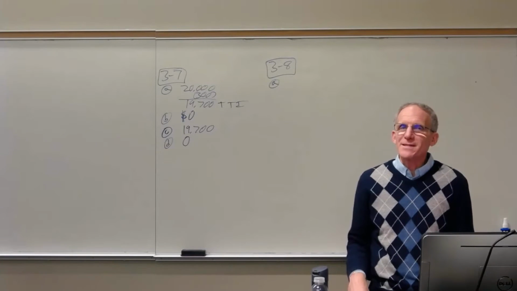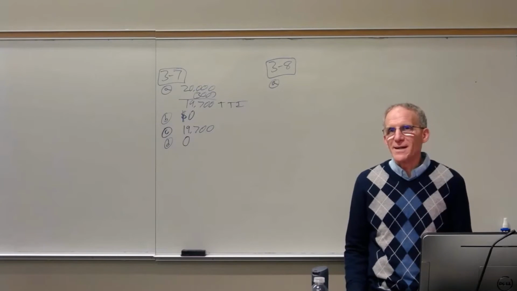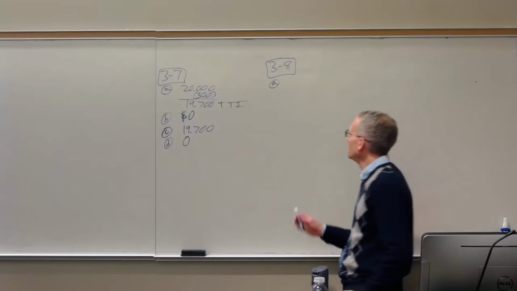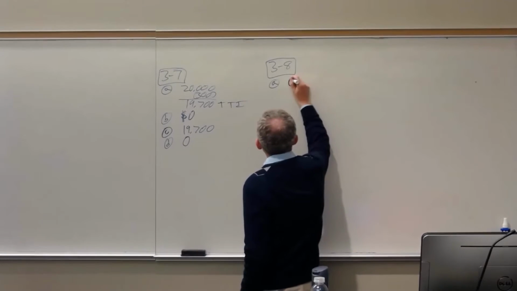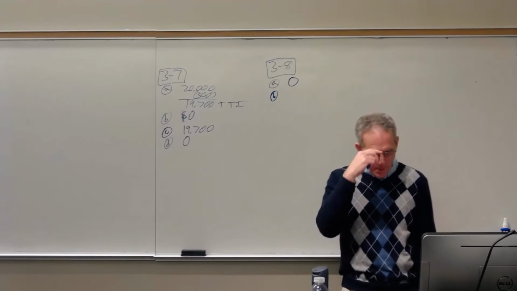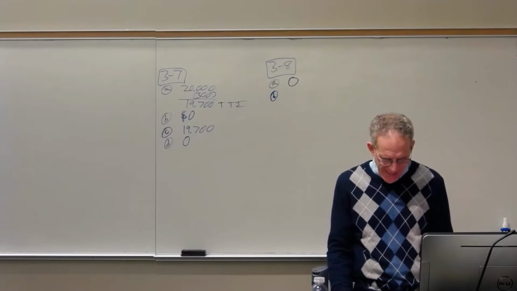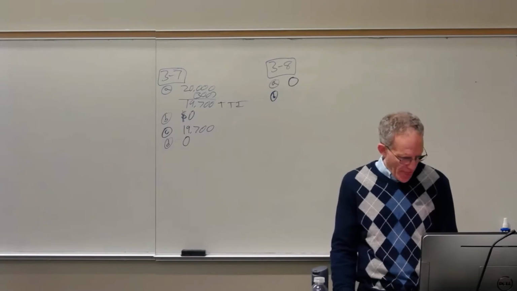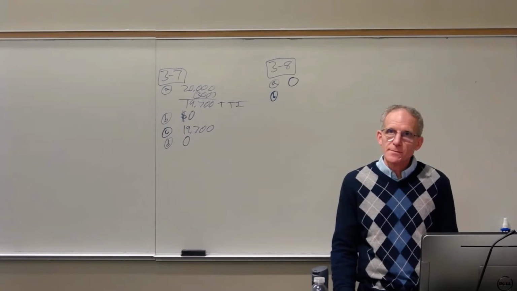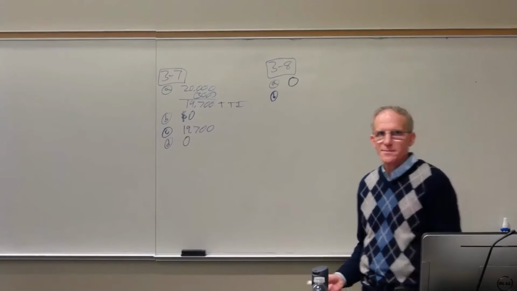But remember, this is tax-exempt, not taxable, so it's 0. What is the trust tentative taxable income? Well, that's 0. The gross income, the tentative taxable income will be 0.